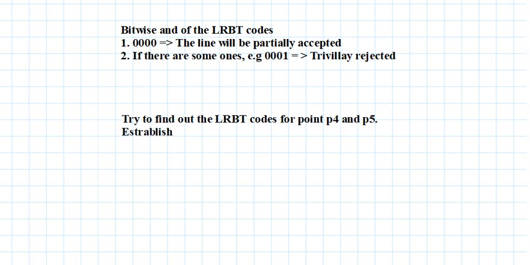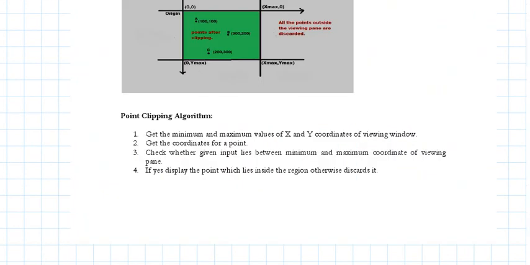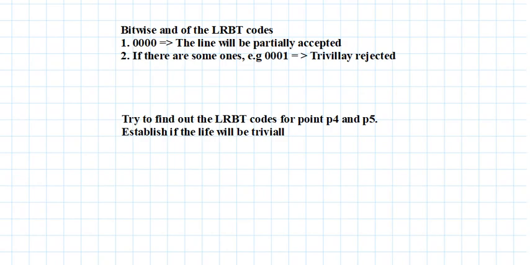Establish if the line will be trivially rejected or not. If yes, why? So this is your homework.